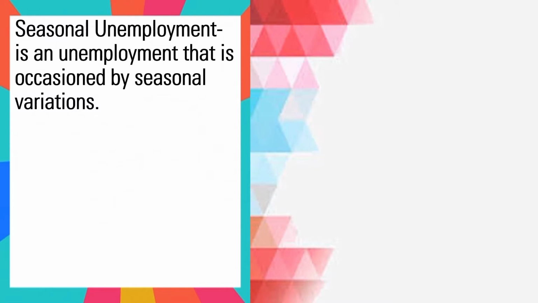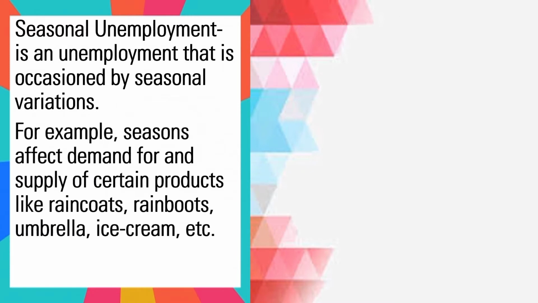Number one example of an involuntary unemployment is seasonal unemployment. That word, seasonal unemployment, is the unemployment that is caused by seasonal variations, that is occasioned by the seasons of the year. There are many occupations today that are affected by seasons of the year.